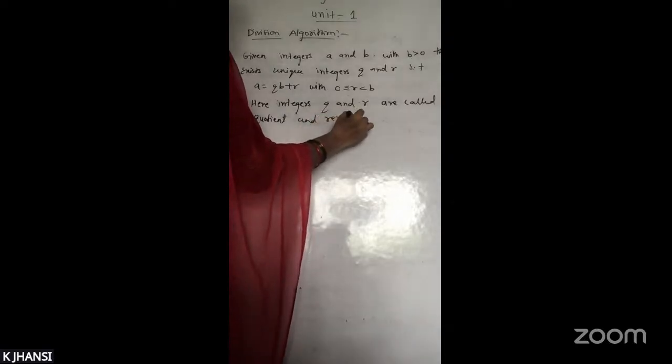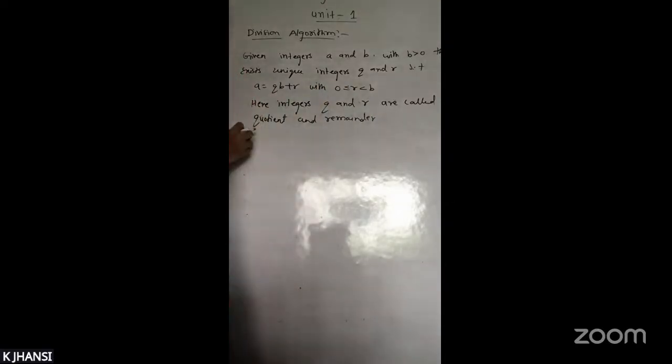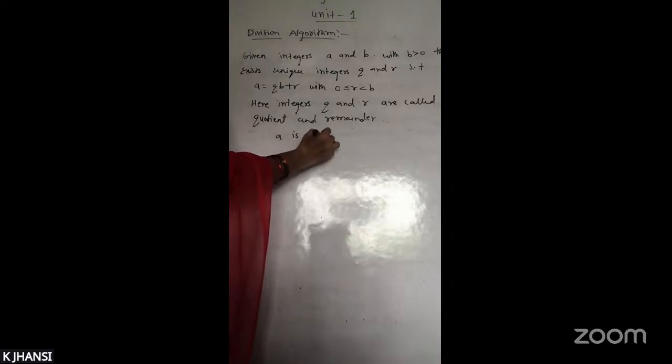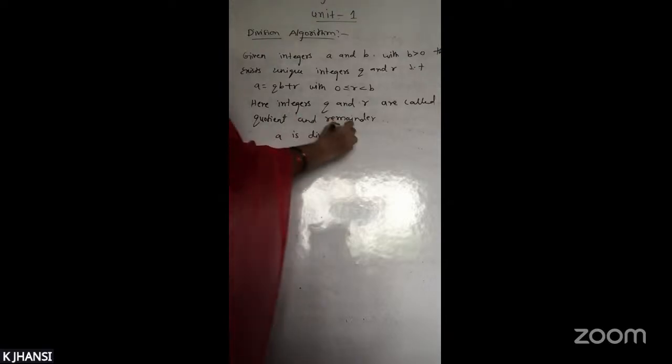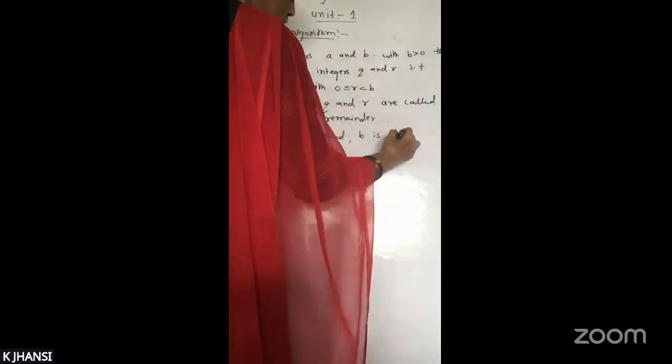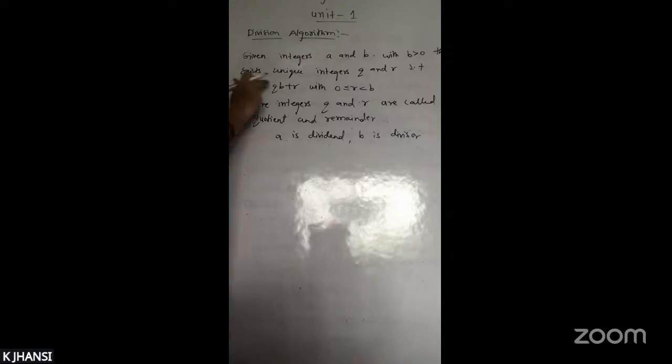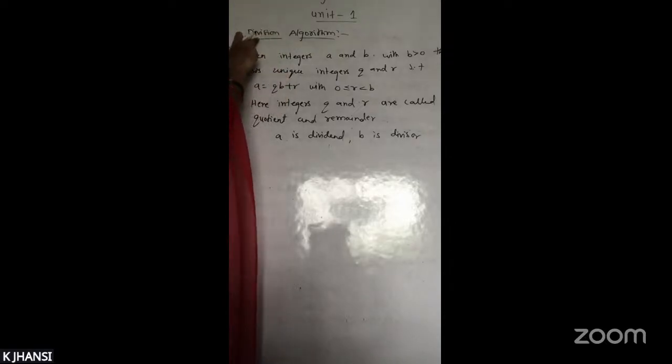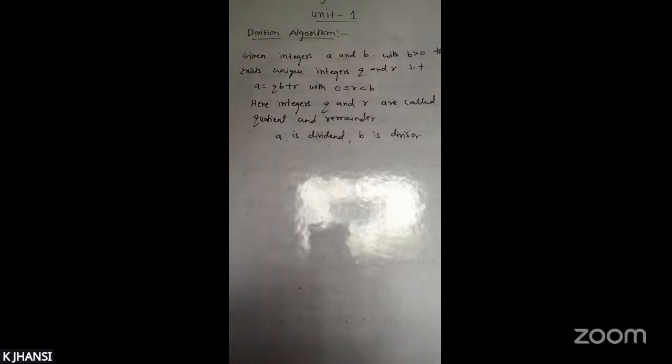Q is the quotient and R is the remainder. A is the dividend and B is the divisor. That is called the division algorithm.